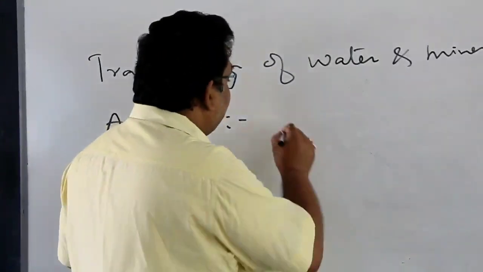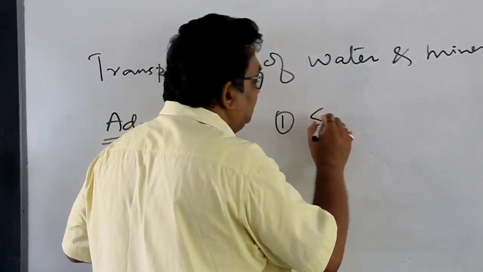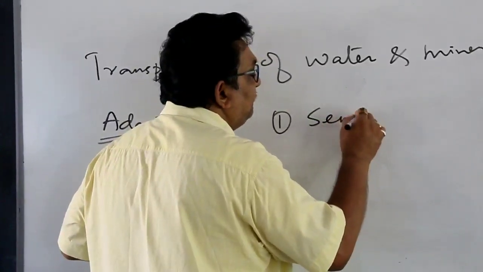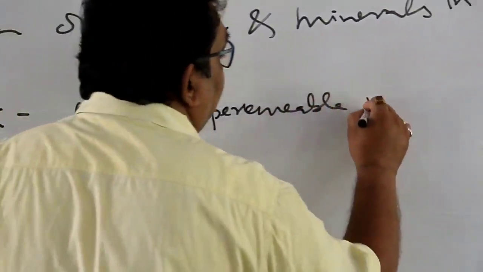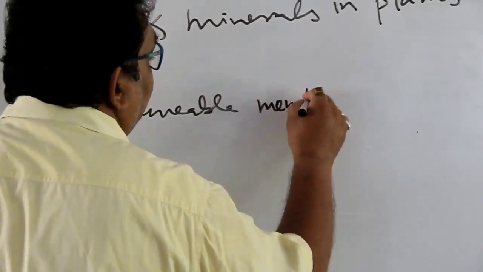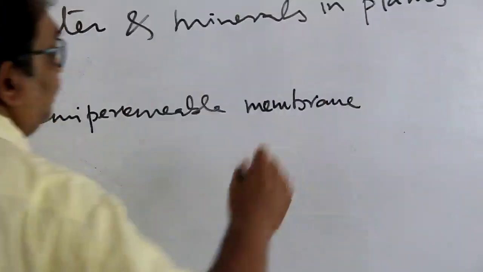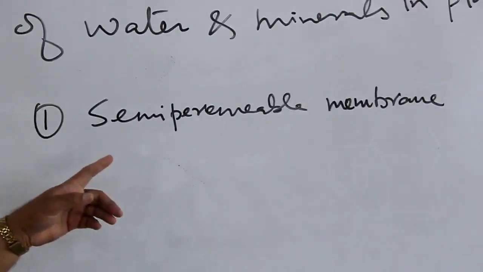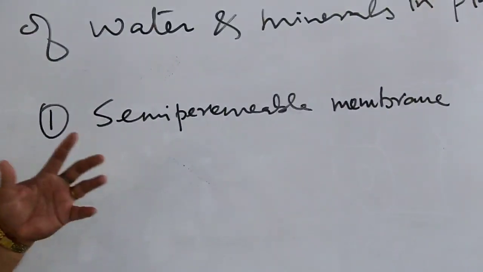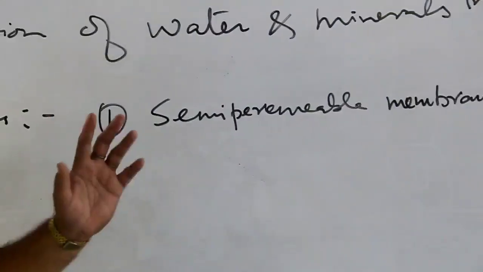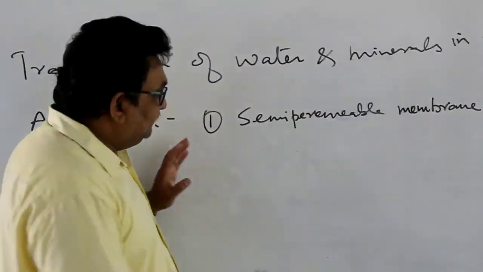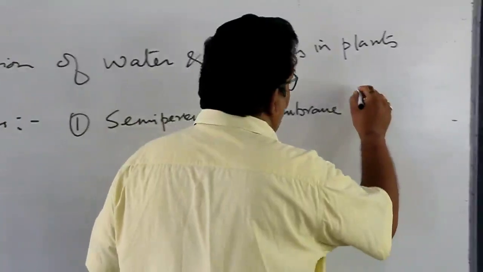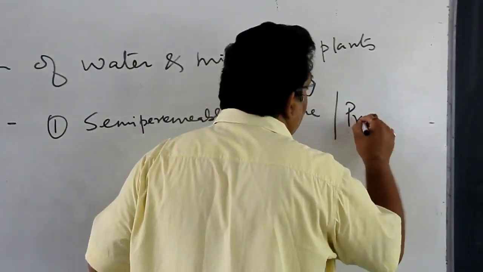The very first thing that you have is the semi-permeable membrane. As I said, the semi-permeable membrane selectively allows certain things to pass through it, and this is present beside the cell wall.